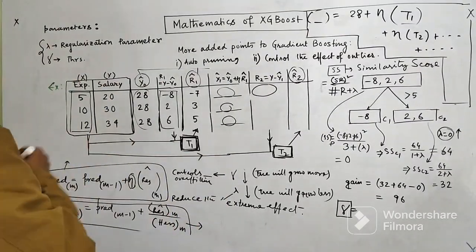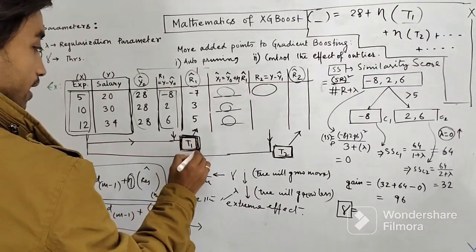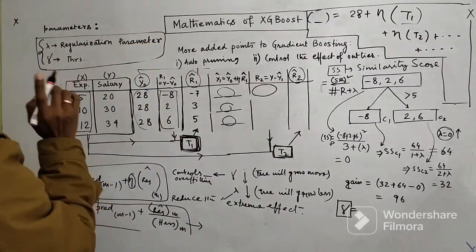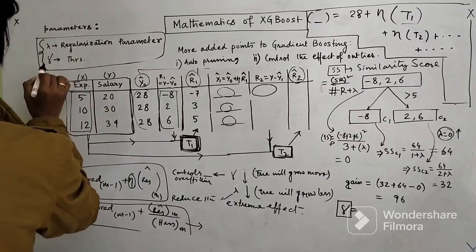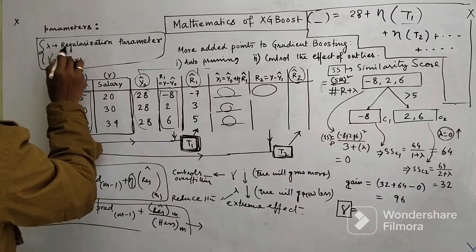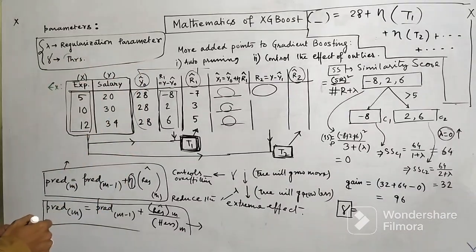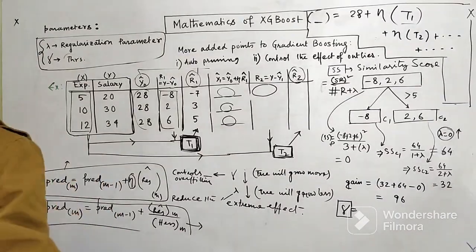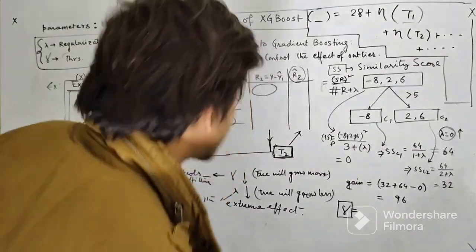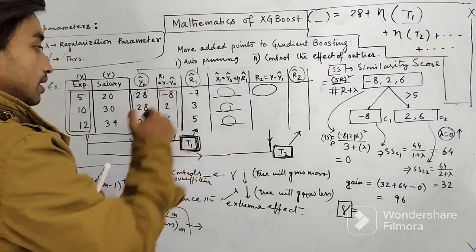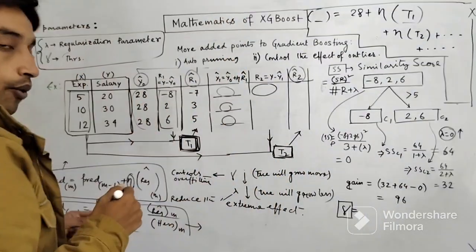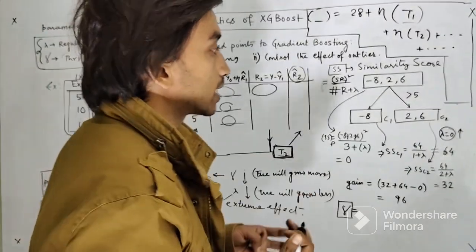Now we'll talk about tree construction using these parameters. We will use two parameters: the first one is lambda, the second one is gamma. Gamma is your threshold value, lambda is your regularization parameter. Suppose we have the residuals in the first step, -8 to 6, and we are trying to construct the tree.